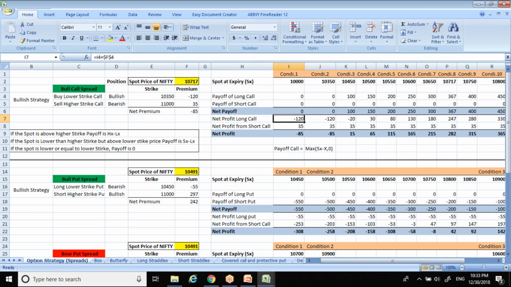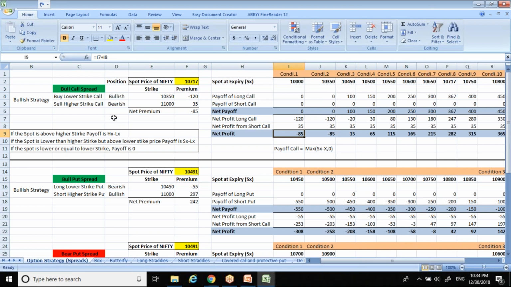The premium you paid is your loss, and the premium you received from the short call is 35, so your net loss is 85. At 10,350 also you have a loss of 85, and if the price goes down further, let's suppose 9,000, then also you have a loss of 85. So your maximum loss is 85 if the price goes down.